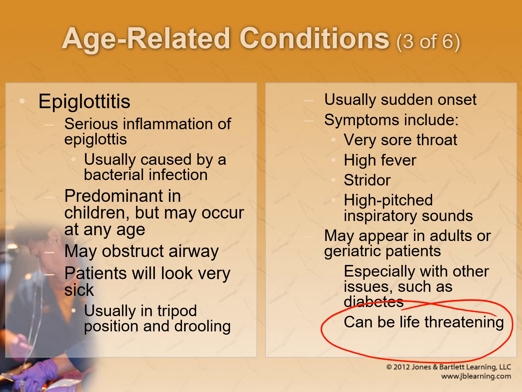Management for this is supplemental oxygen, keep them calm, and make sure the hospital knows that you're coming. Because they'll either need to get intubated, usually through the nose with a steerable fiber optic scope, or get a surgical airway through the neck. If you don't think you're going to make it to the hospital, or your patient can no longer breathe at all, you're going to want a paramedic.